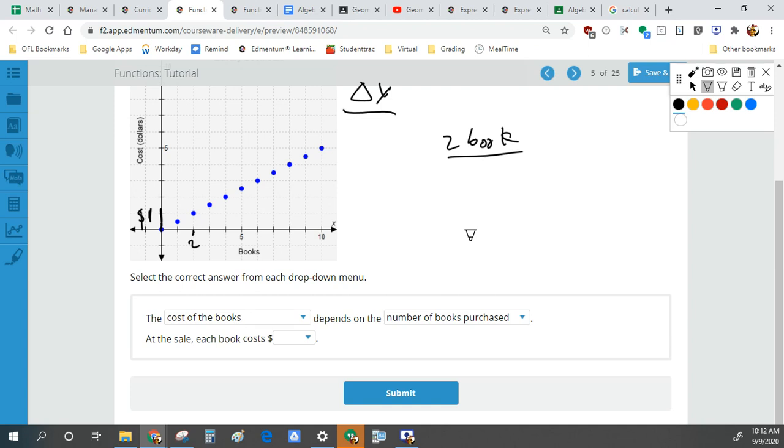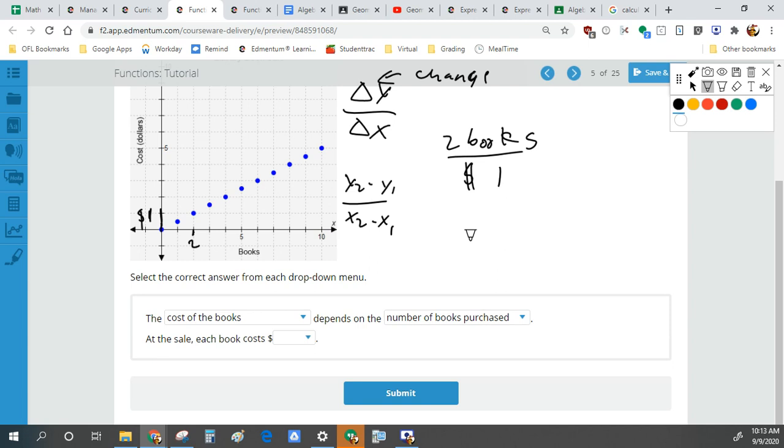This is known as delta. You don't really have to know about delta. It's just a symbol for change. So I'm just saying the change in Y divided by the change in X. I think Edmentum calls this Y2 minus Y1 over X2 minus X1. It's basically just your change. So your change is two books for every $1.